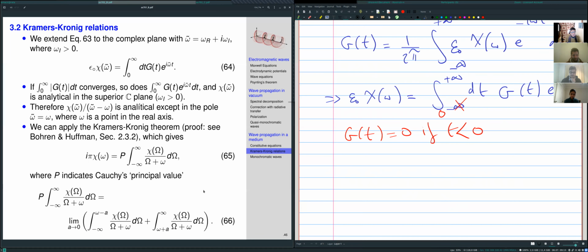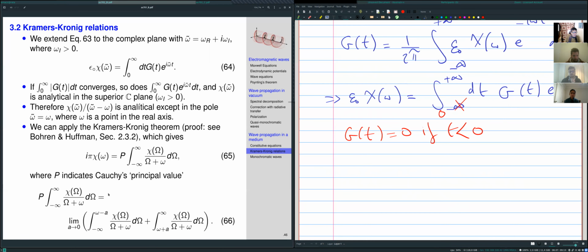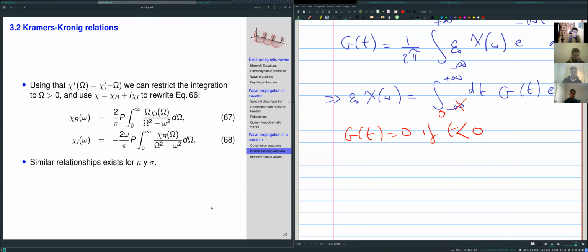But the physics stops here is what I'm trying to say. 63 condenses the physics, and from this relationship we can argue that then chi of omega is analytical in the complex superior plane, and go on with this reasoning to conclude these two equations, 67 and 68.